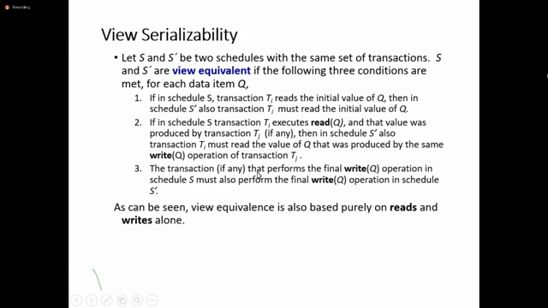The transaction, if any, that performs the final write operation on Q in schedule S must also perform the final write of Q in schedule S dash. That is view serializability.